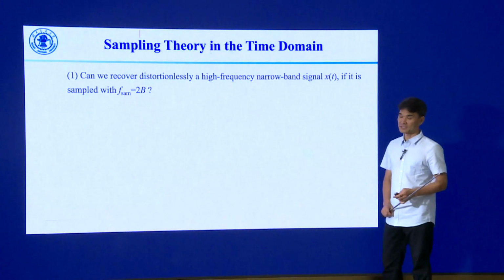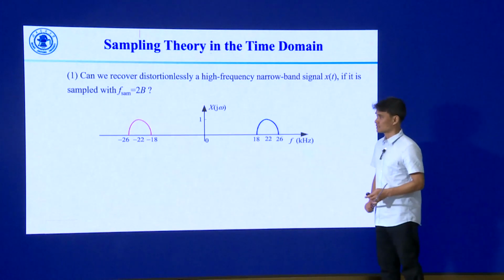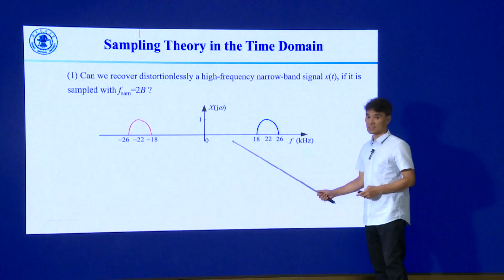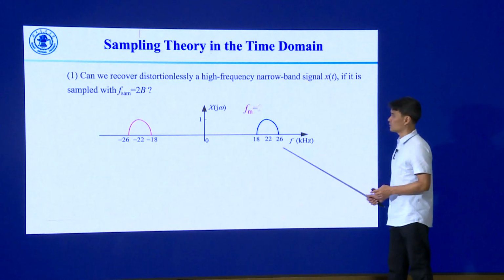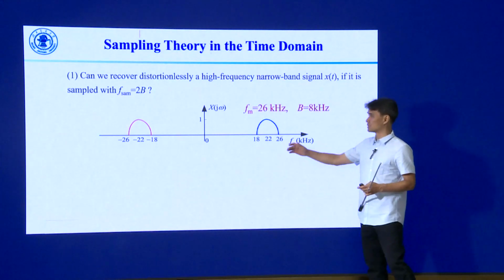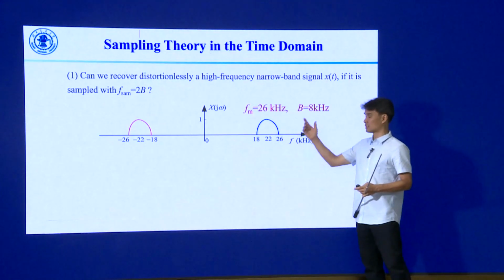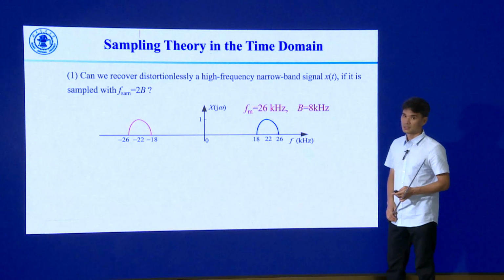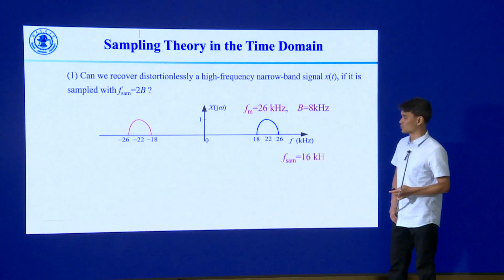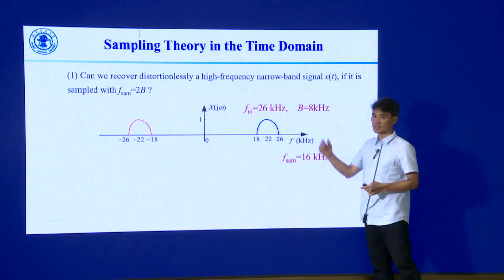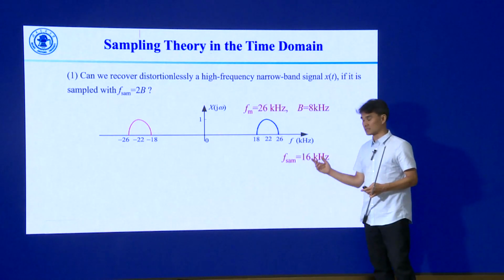For the first situation, let's take this signal as the example. Now we have the maximum frequency equal to 26 kilohertz, and the bandwidth is 8 kilohertz. We can use a sampling rate equal to twice the bandwidth, which is 16 kilohertz.